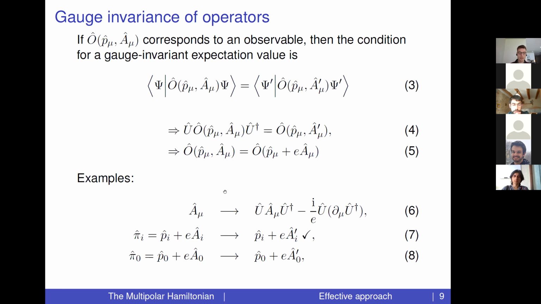If you look now at the mechanical momentum, so at the linear momentum plus e times the vector potential, then it transforms exactly in the form as we would like to. And we know that this can be used to construct an observable. Now, in principle, one can also construct the zeroth component of the mechanical momentum, which corresponds to the zeroth component of the 4-momentum and the scalar potential.